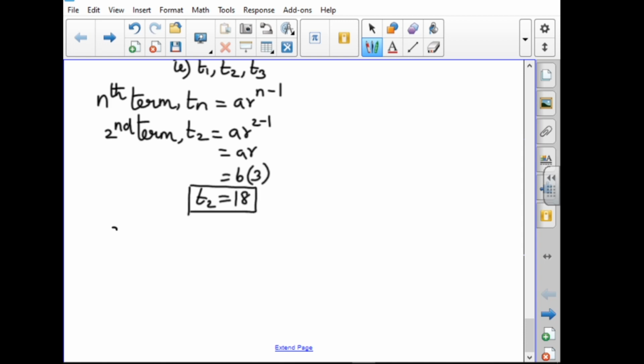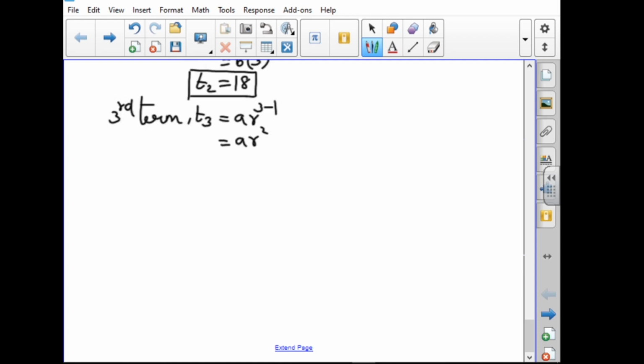Next, third term. It is denoted by the symbol T3. It is given by the formula A R power 3 minus 1, that is A R square. That is equal to 6 into 3 square, that is 6 into 9. The answer will be 54. So, T3 equal to 54.